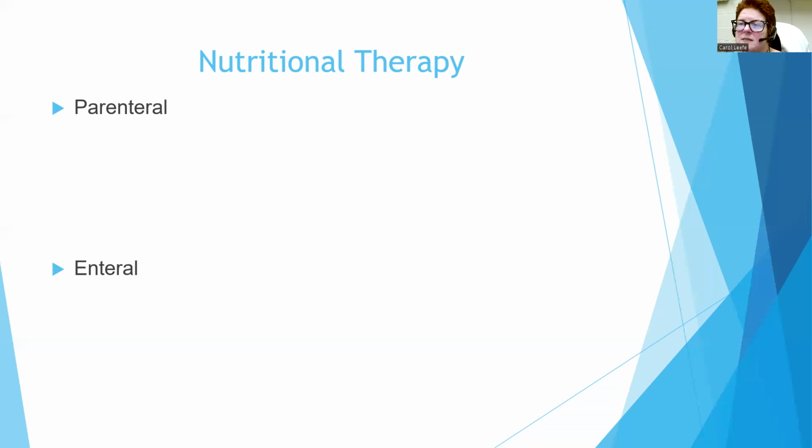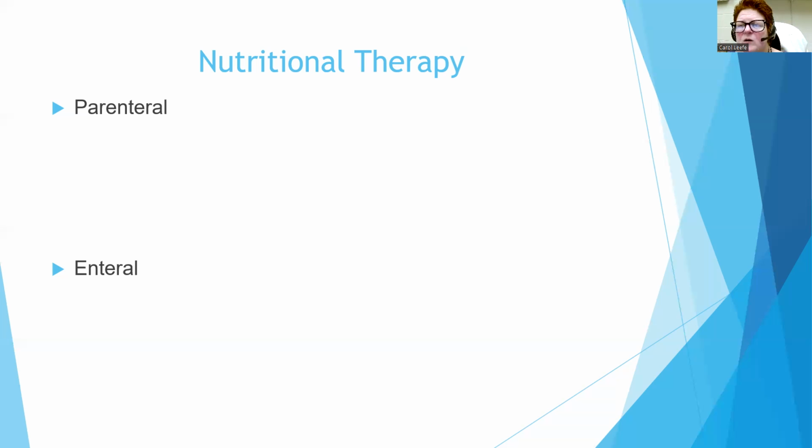Usually they'll be on a sliding scale of insulin, which you'll learn about in metabolism coming up in a couple weeks. And so if the patient needs additional insulin, we can give them that.